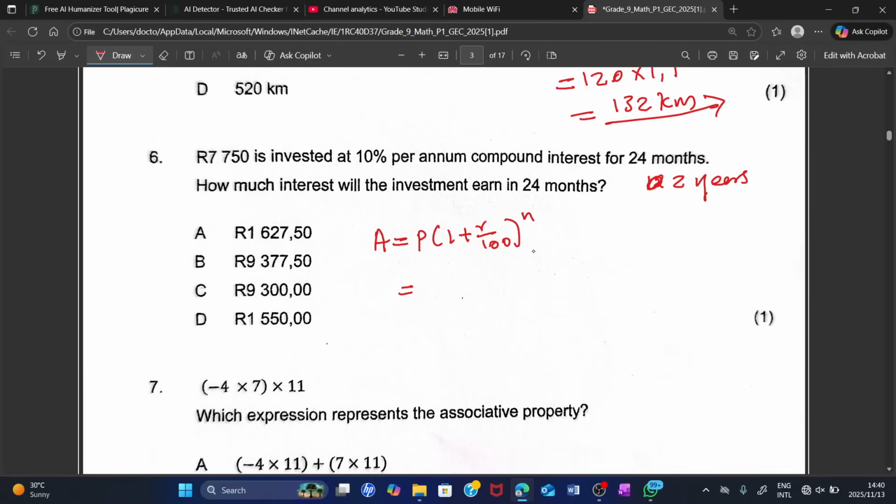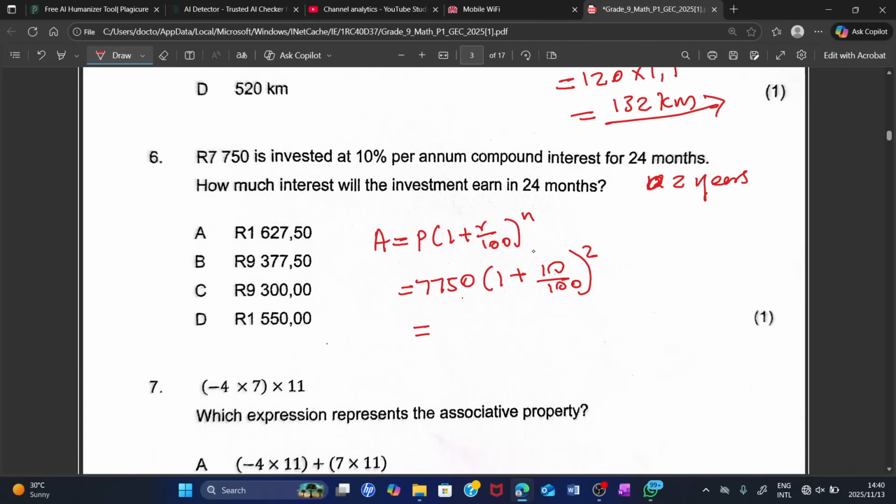So which means P is 7750 into 1 plus, let me just write it the way it is, 10 over 100 to the power of 2.